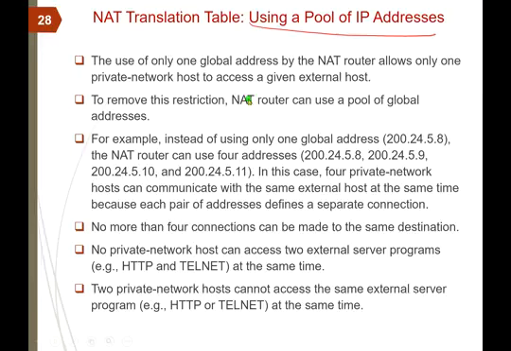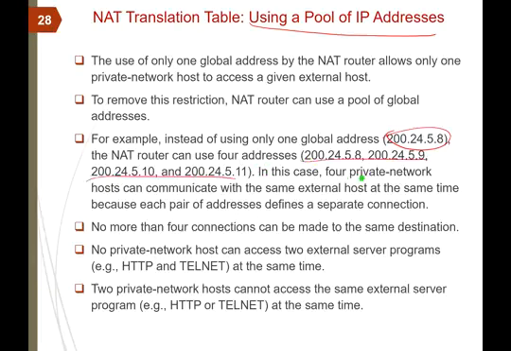To remove this restriction, NAT routers can use a pool of global addresses. For example, instead of using only one global address, which is the one we used in the other example, the NAT router can use 4 addresses, all these addresses.